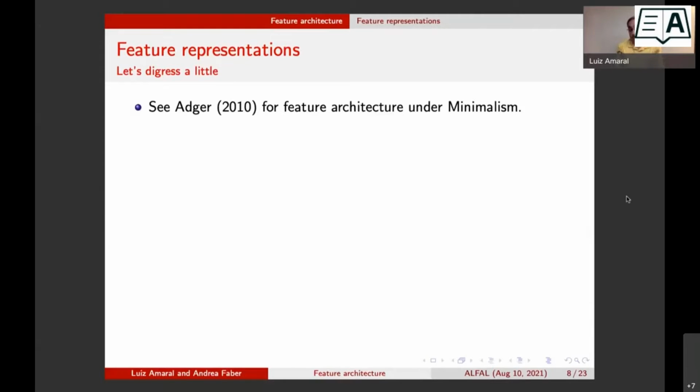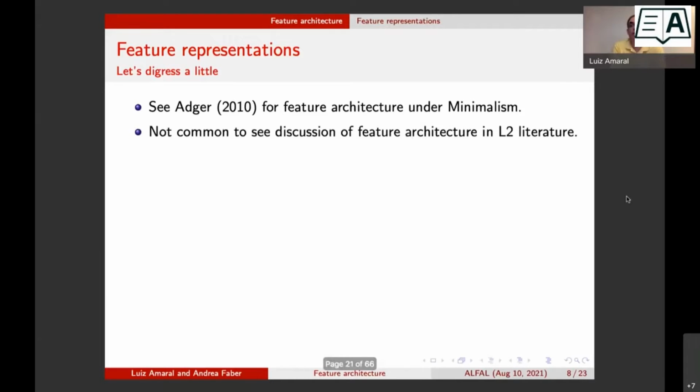Obviously, Adger doesn't talk about feature reassembly in second language acquisition, but he talks about feature architecture. And we are going to use his approach for feature architecture and explain with our data why we think that his approach is one of the best ones under minimalism to consider feature reassembly, right?